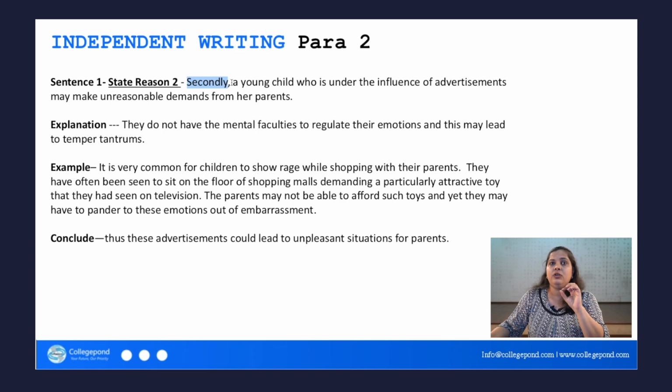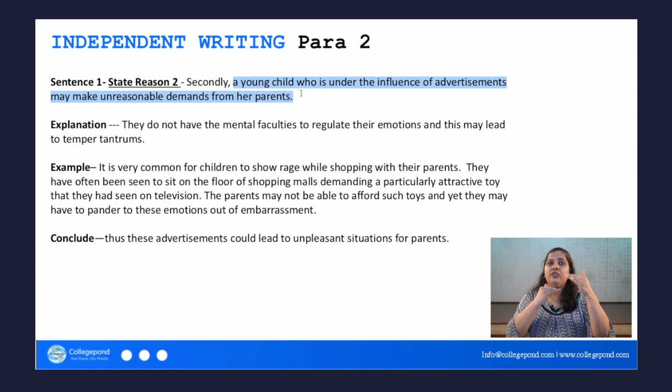The reason that you will be mentioning here, this is one of the reasons. You could mention a different reason, that's completely up to you. A young child who is under the influence of advertisements may make unreasonable demands from her parents. When you're brainstorming and writing down these reasons, always try and go back and check whether these are valid reasons for saying that no, you shouldn't be showing these ads to children.